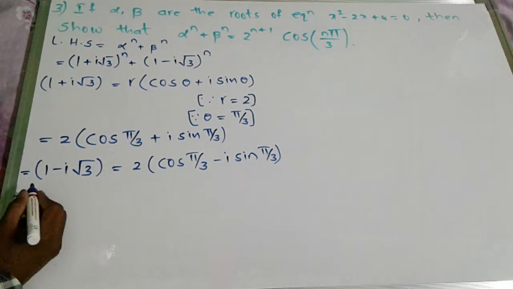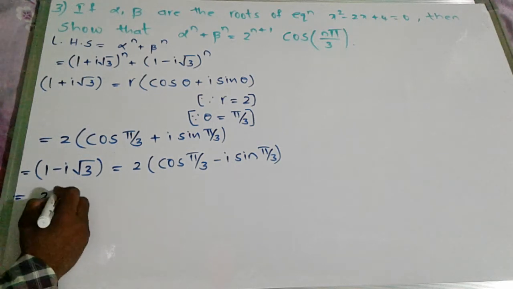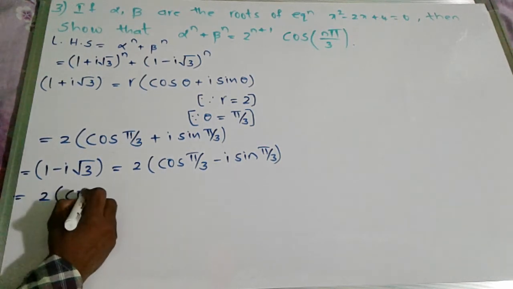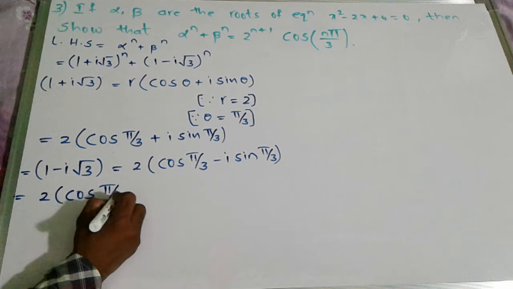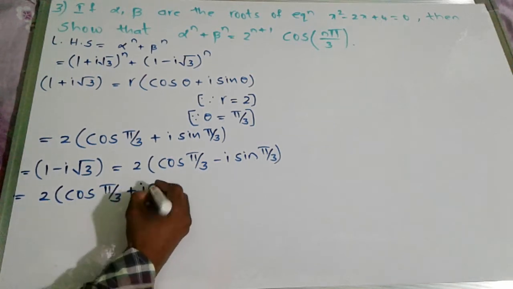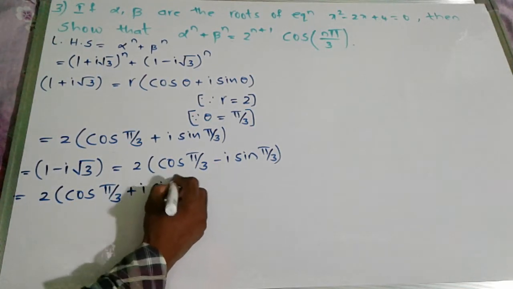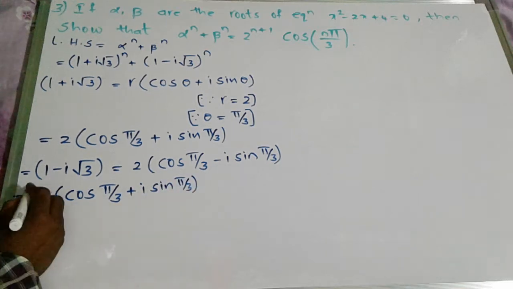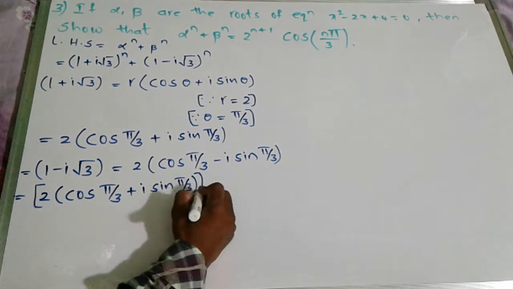Therefore, we get 2(cos π/3 + i sin π/3) whole power n.